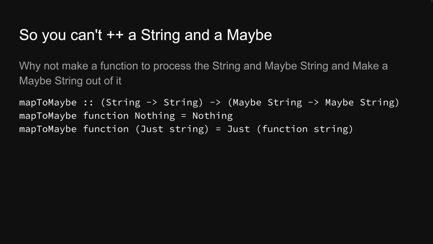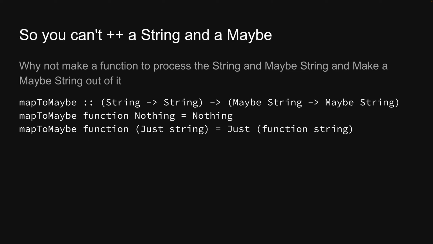But say you had a function that was being applied to just string, and so string here with the lowercase s is just the name of a variable, right? So it's just meaning that something came back from that lookup, and so in that parentheses, we're sort of destructuring, you might say, that condition where instead of nothing, we get a maybe that has a just value.